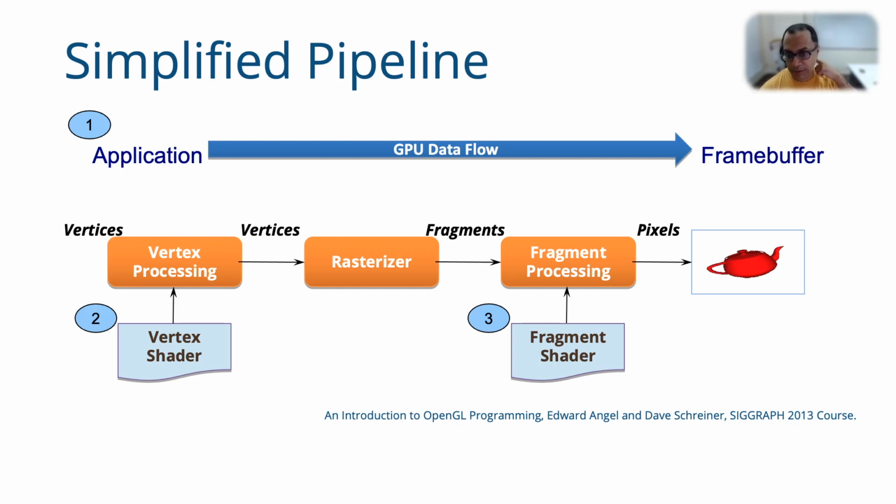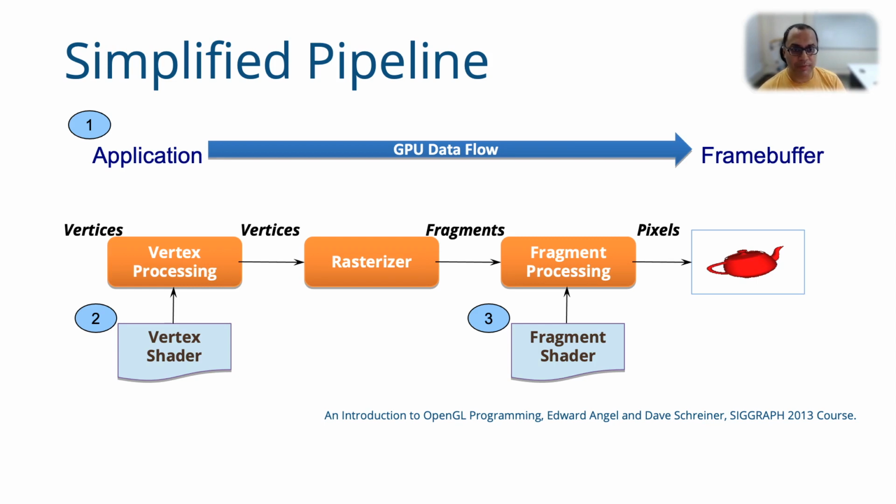For our purposes, when you are writing any code, you have to code these three things. You have to write your application program that is going to load all the shaders and all the data, and then it is going to say how this data makes up triangles or geometry.